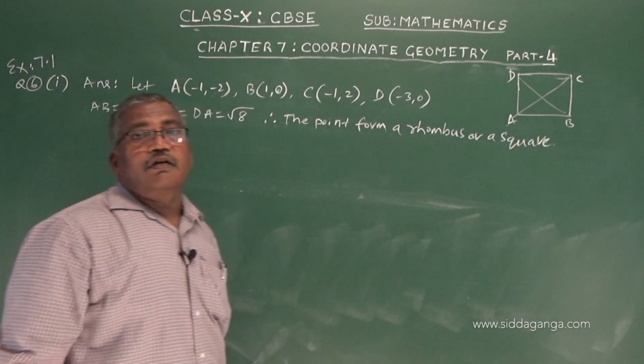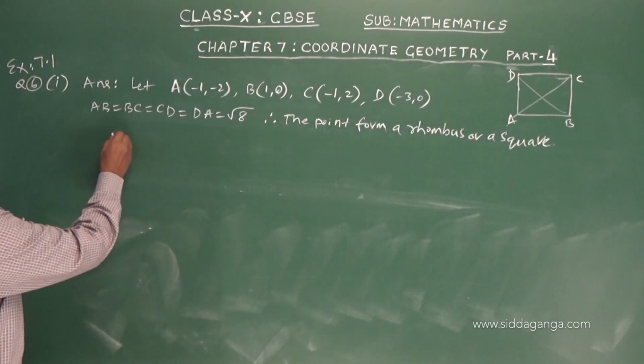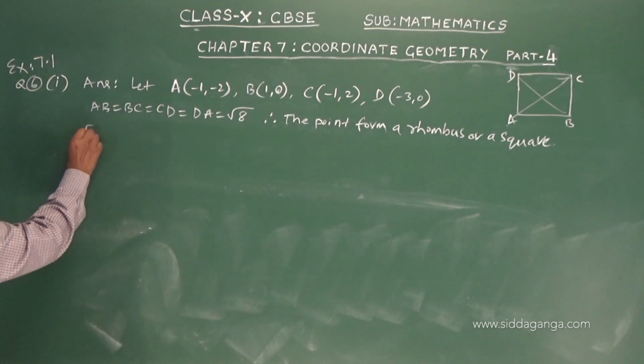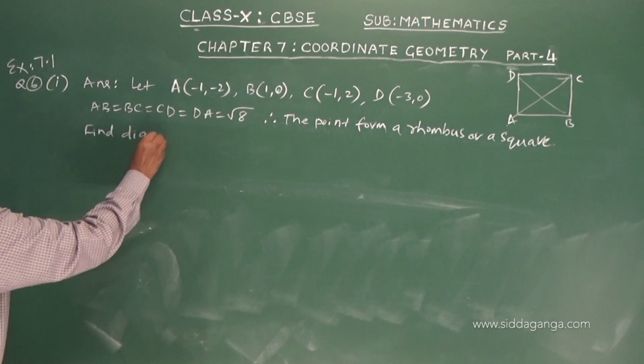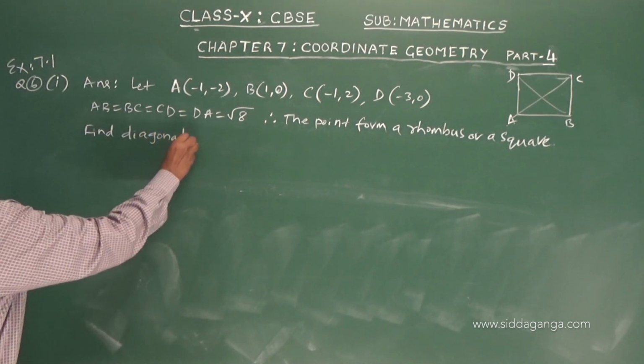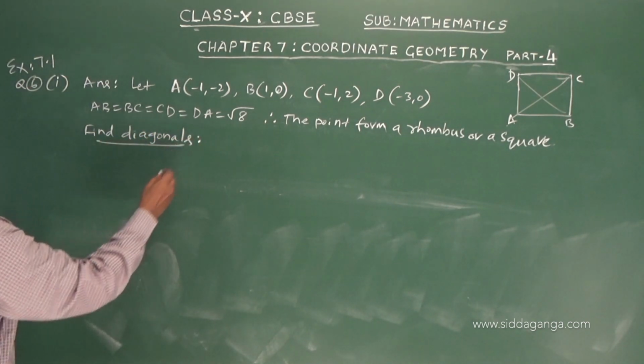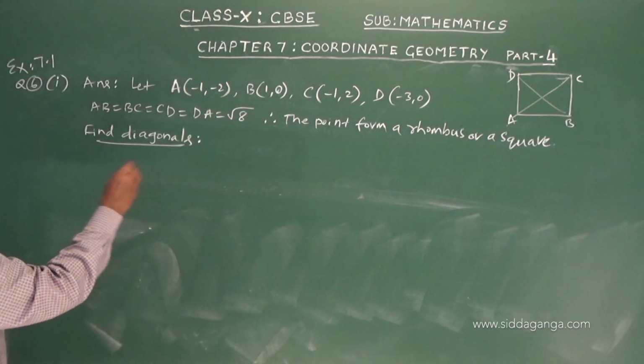We have come to this conclusion. So now find the diagonals. Find diagonals. So therefore diagonal AC.